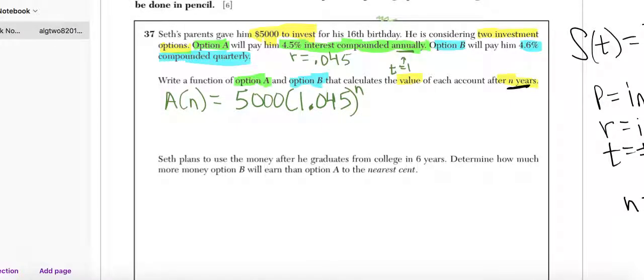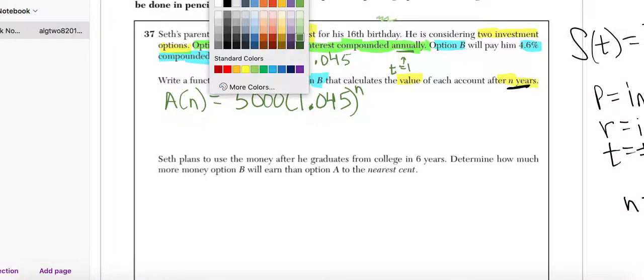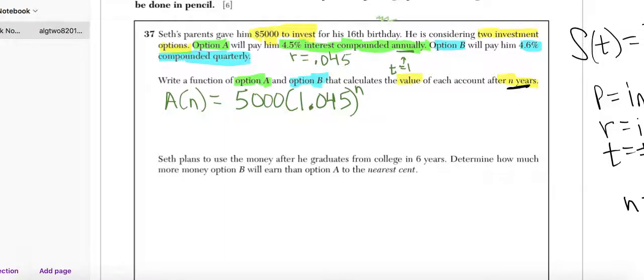Now, if we look at the other function, r is equal to 0.046. Compounding quarterly means 4 times a year. So t equals 4, the number of times per year. So for option B, B of n, we still started with 5,000.